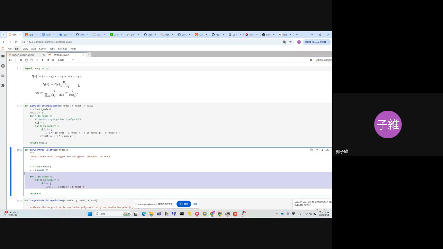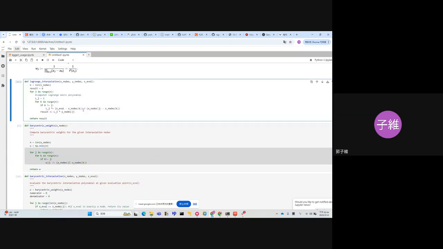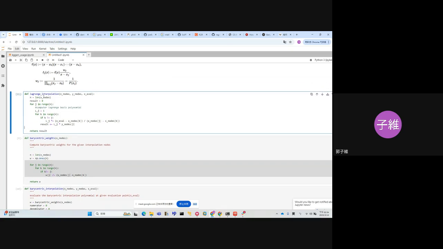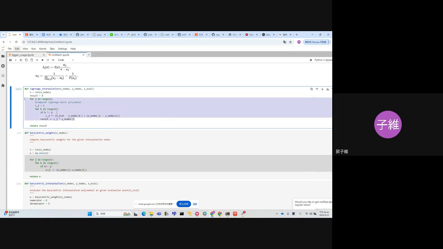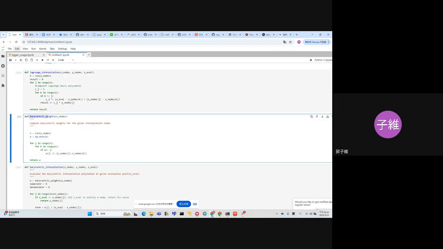As we have learned in Calculus 1 or Calculus 2, this is the Lagrange interpolation implemented in Python. Now, for today's topic, we'll learn about the barycentric weights.